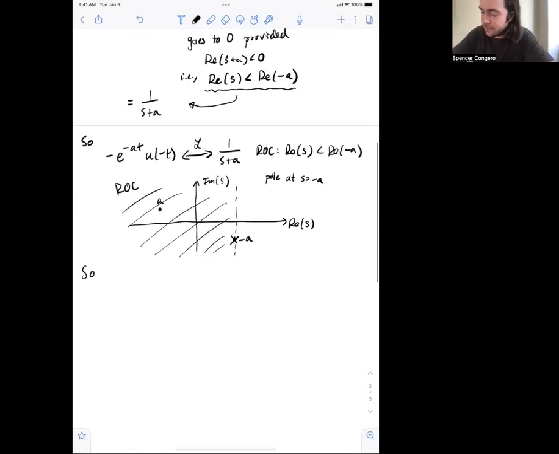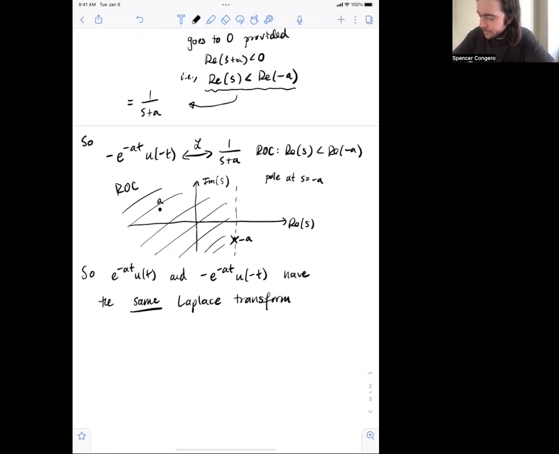Okay, so this is an important point. So e to the negative at u of t and negative e to the negative at u of negative t have the same Laplace transforms, but different ROCs.